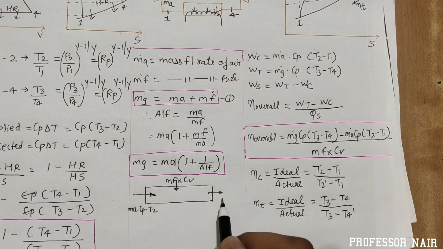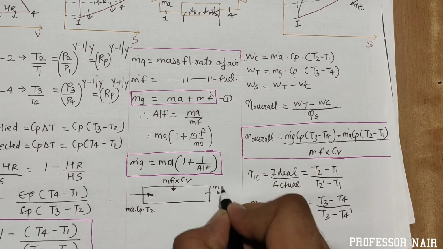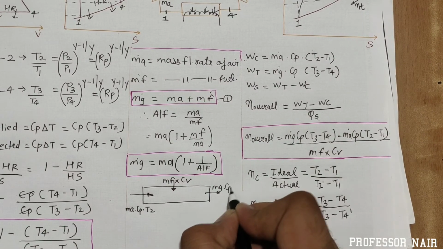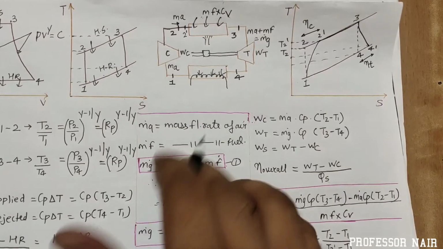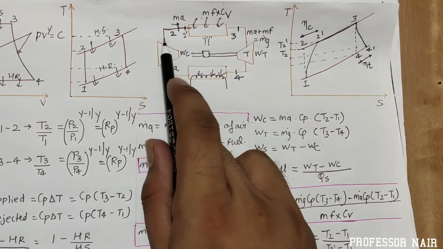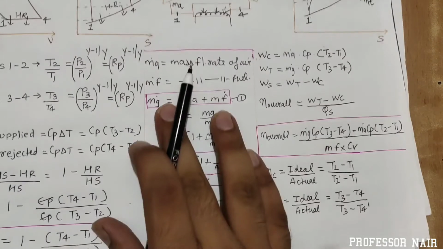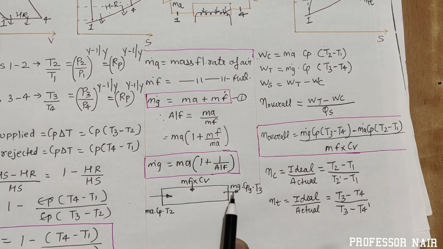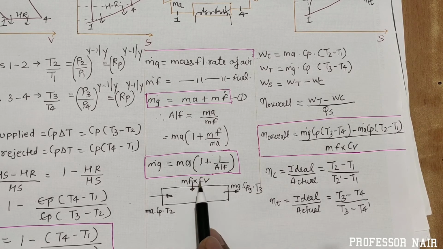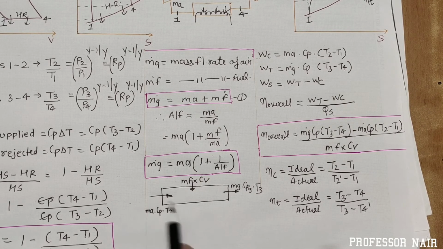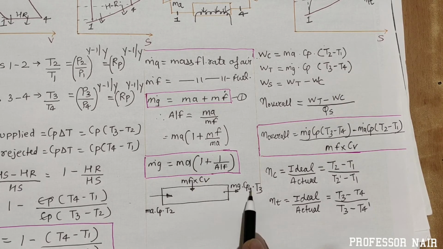What is going out? The MA plus MF mixture is going, denoted by MG, CPG into T3, right? See here, it's the outlet. Inlet is 2, outlet is 3. Energy balance equation means energy coming in equals energy going out. Energy coming in is the addition of these two, equal to this.